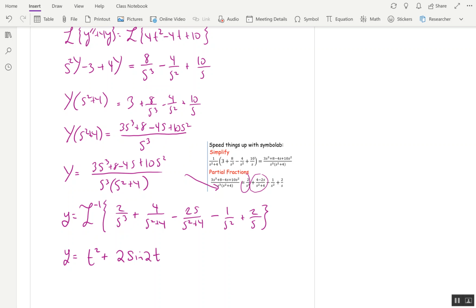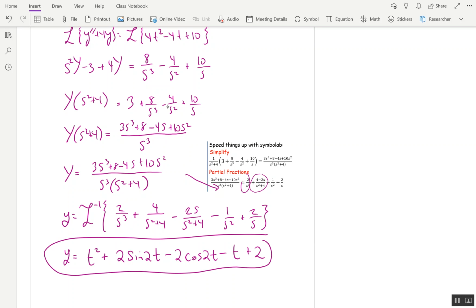The next one's going to be formula 7. That's going to be a cosine, so minus 2 cos 2t. Then L inverse of 1 over s squared is t. And then the last part is just plus 2. And there's our solution.